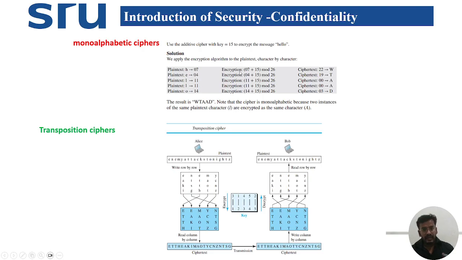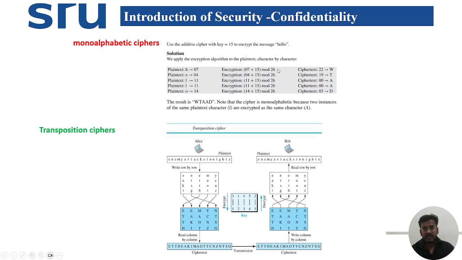Then for encryption, we take some assumed common value to add to each value. For example, here I have taken 15 to add to the converted values.